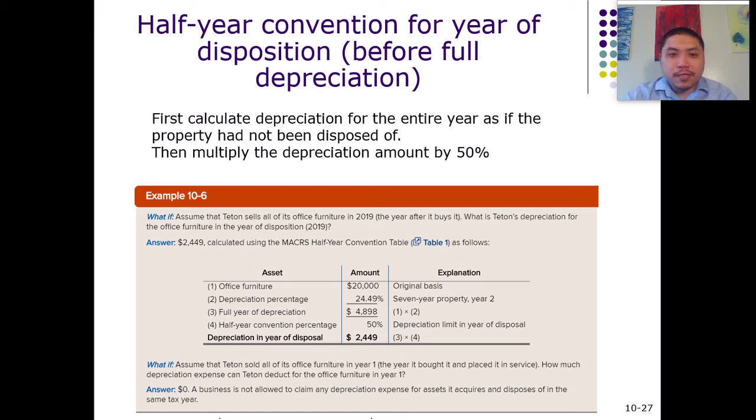I hope that is clear enough. All you need to remember is if the company disposes of the asset before the end of the recovery period, you are allowed to depreciate 50% of the full year depreciation in that year. So pretty straightforward.